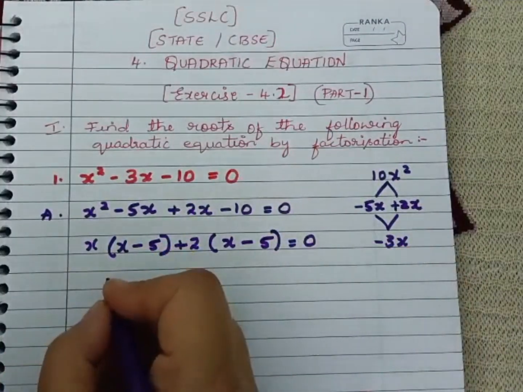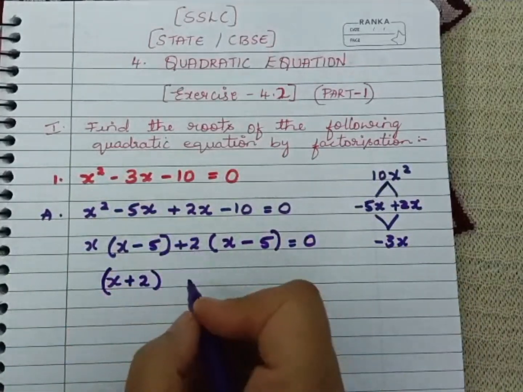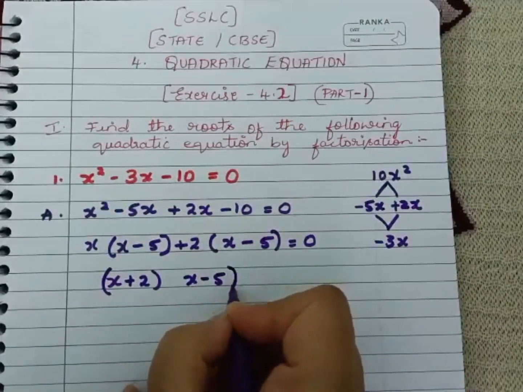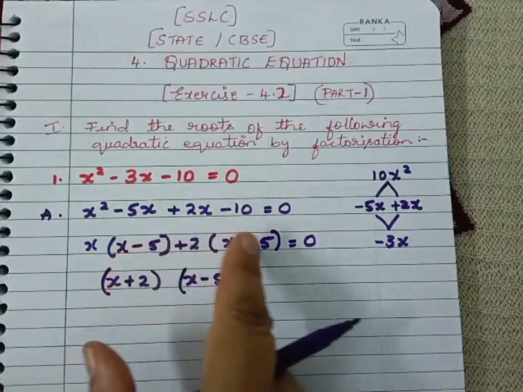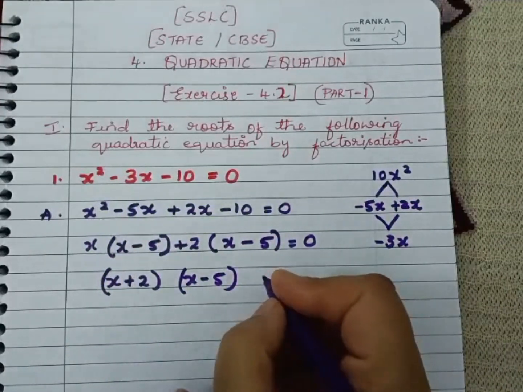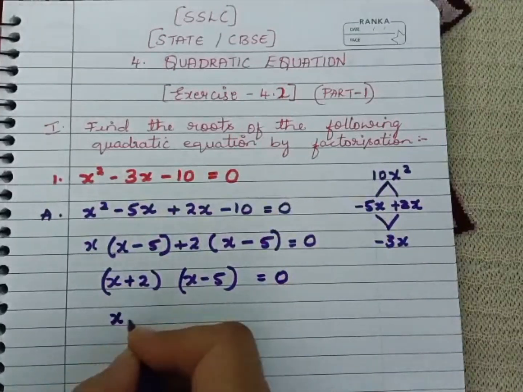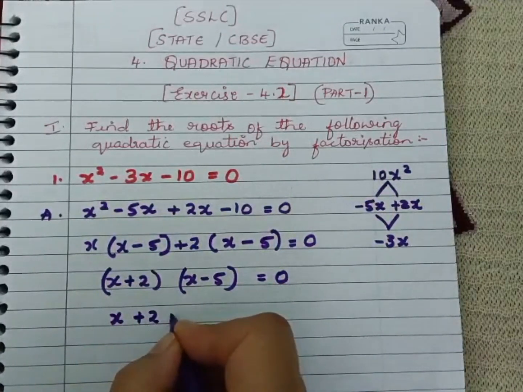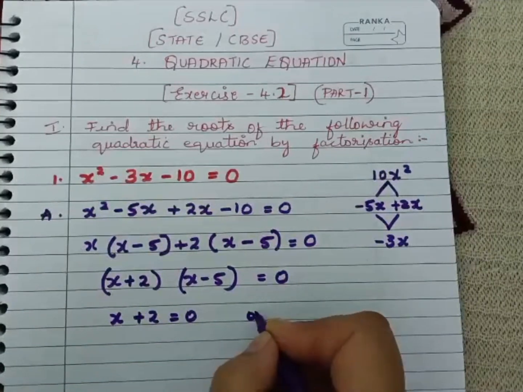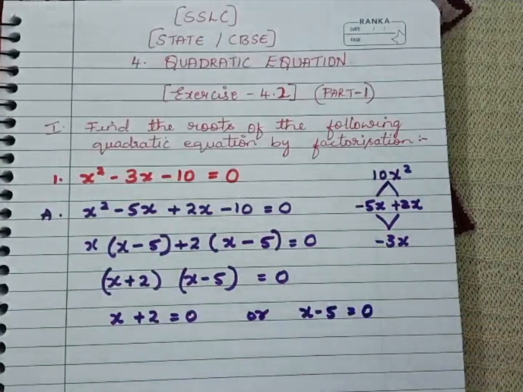Now x plus 2, we have one equation over here and x minus 5. Here we have got 2 times, so we have to take 1 time. This you already know it, equal to 0. Now for this, x plus 2 is equal to 0 or x minus 5 is equal to 0.